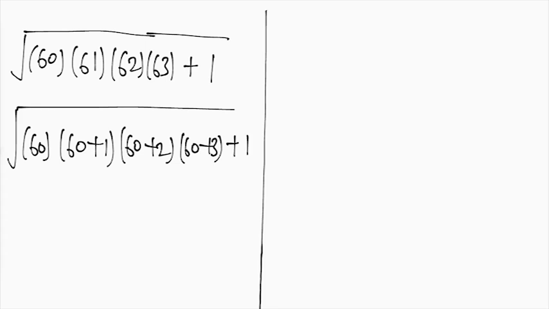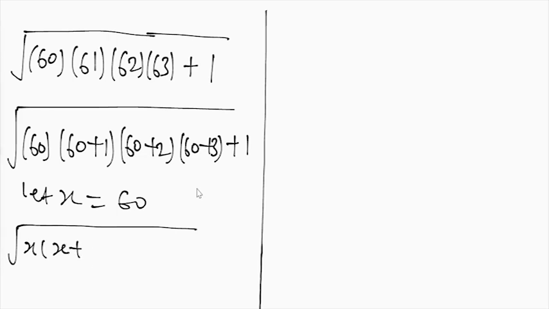I can see that in all of the terms, we now have 60. So I can simply say, let x equal 60. So anywhere I see 60, I'll just put x. So this expression automatically becomes x into x plus 1, then multiplied by x plus 2, then multiplied by x plus 3, then plus 1.